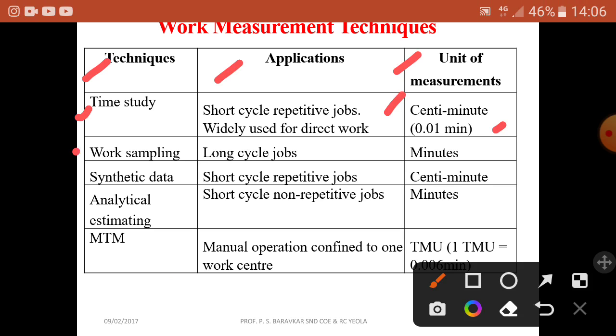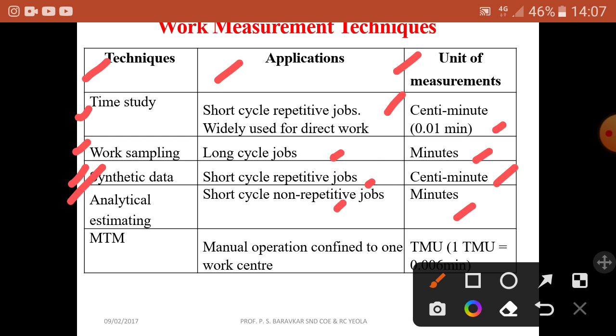The next technique is work sampling, for long cycle jobs, and the unit is the minute. The next technique is synthetic data, with application to short cycle repetitive jobs, and the unit is the centiminute. Next is analytical estimating, for short cycle non-repetitive jobs, and the unit is the minute.